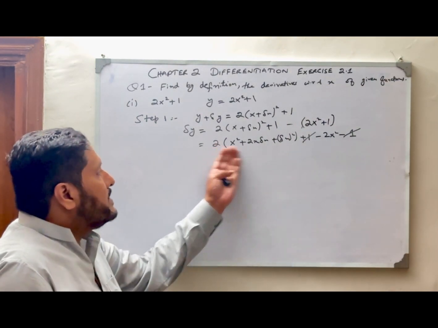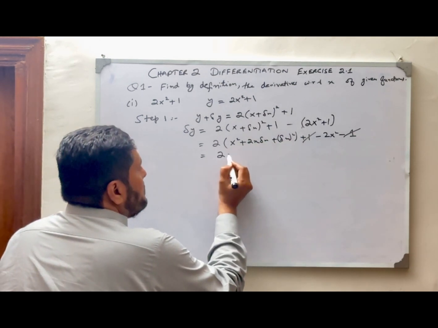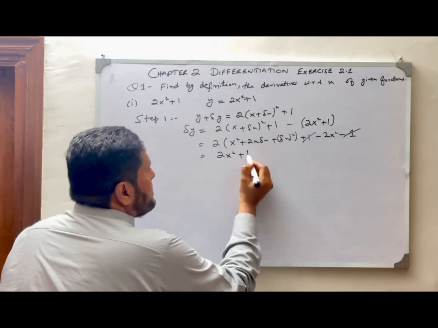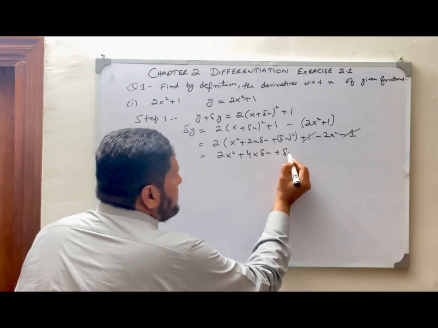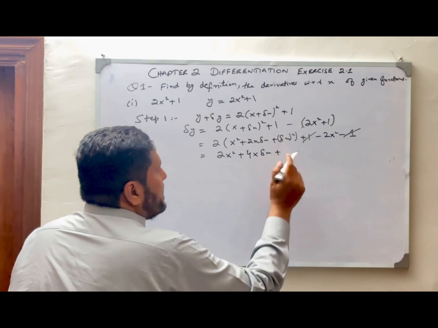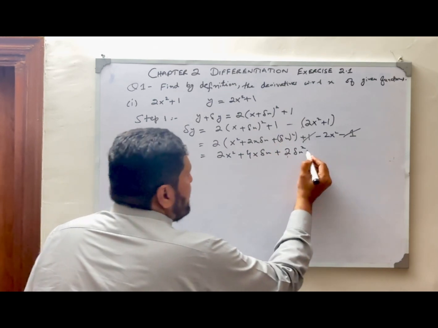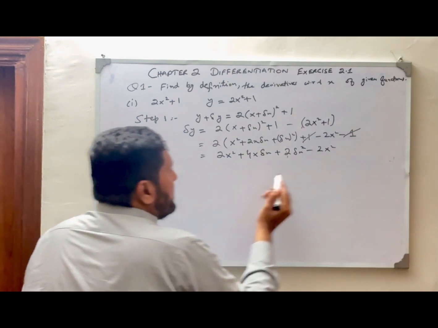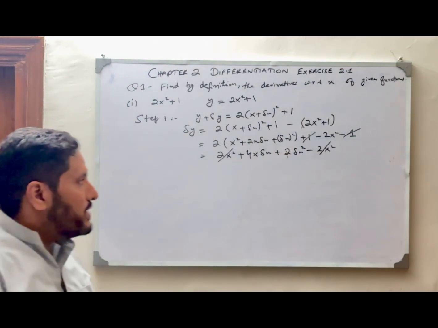Now multiplying this whole equation with 2, this will become 2x square plus 4x delta x plus 2 delta x square, minus 2x square. Again this 2x square will be cancelled with this minus 2x square.